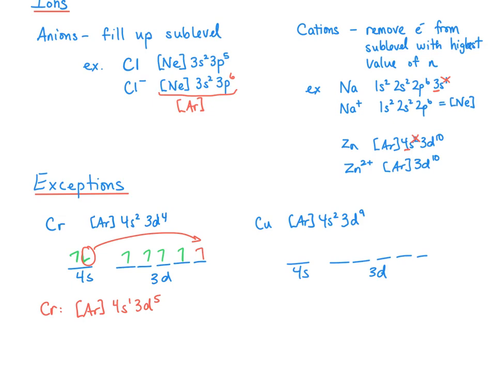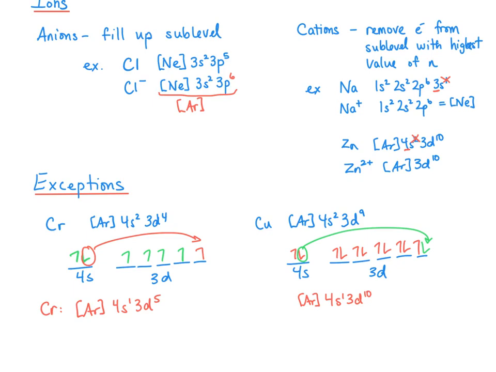Something else happens here with copper. We're expecting, according to the rules, a 4s2 3d9 ending, but in fact, experimental evidence supports that this electron is actually promoted to the 3D sublevel, and that we have a 4s1 3d10 configuration.